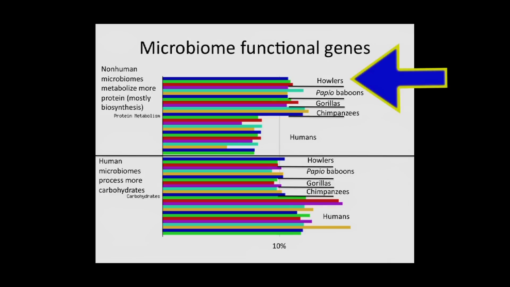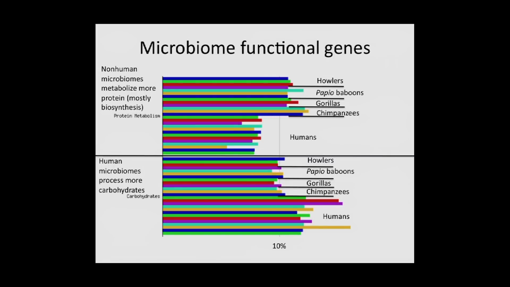What we're saying here is that this blue howler monkey, each bar is an individual animal. The blue howler monkey is conducting probably a little more than 10%, maybe 11% of the genes that we can pull out of the microbiome are dedicated to protein metabolism. When we drill down into this, what we find is that most of that is protein biosynthesis.